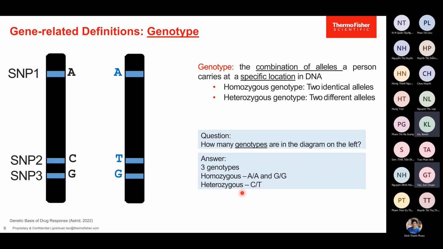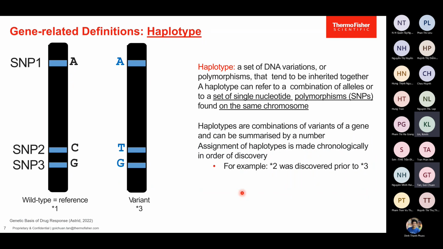It's getting more and more complex. Haplotype. When you analyze PGx data, this is something that you will always see. The definition of haplotype is a set of DNA variations or polymorphisms that tends to be inherited together.